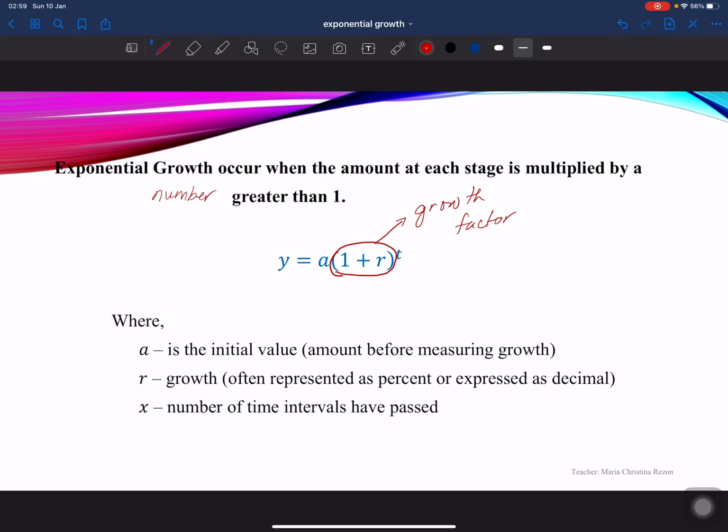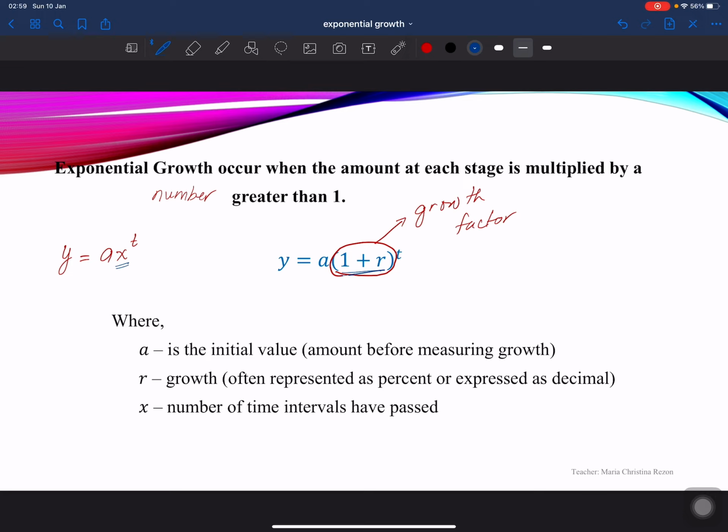If you go back to the original equation, y is equal to ax to the t, then this x here is just equal to 1 plus r. They are the same.